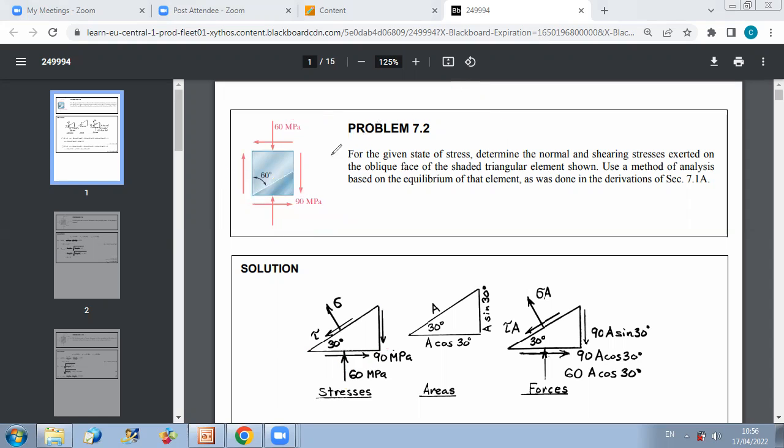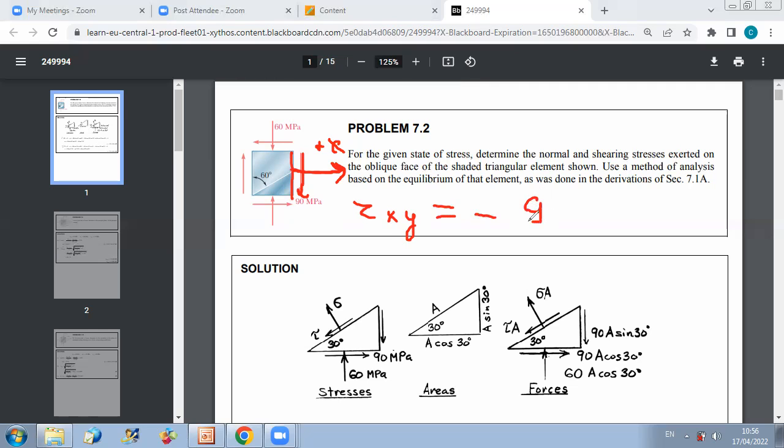Why? Because as we mentioned before, for this face, the normal vector is positive along positive x. However, the shear is along negative y. This is why if you want to put what is tau xy here, it's minus 90, not plus.